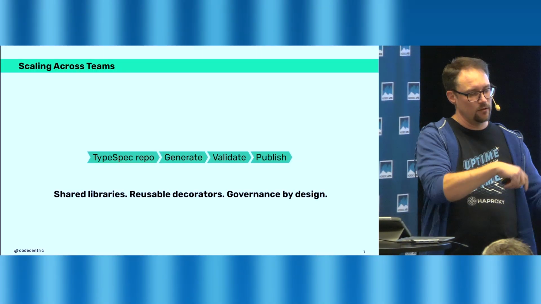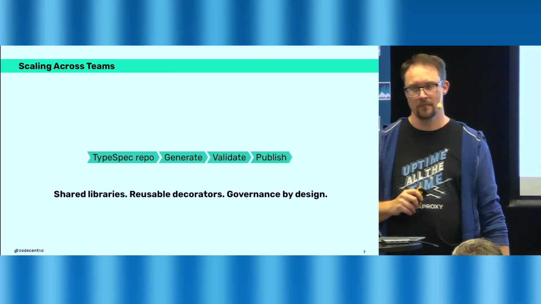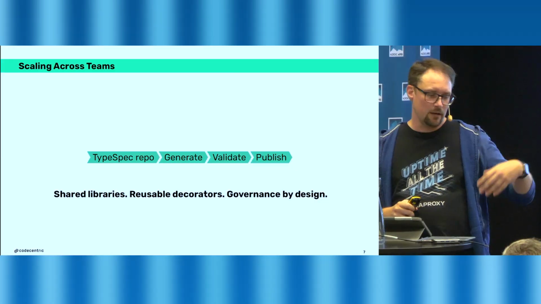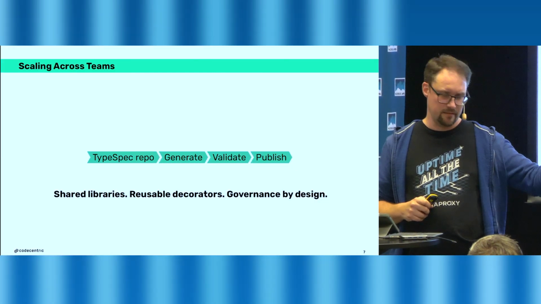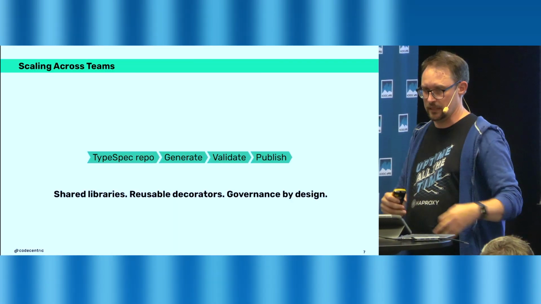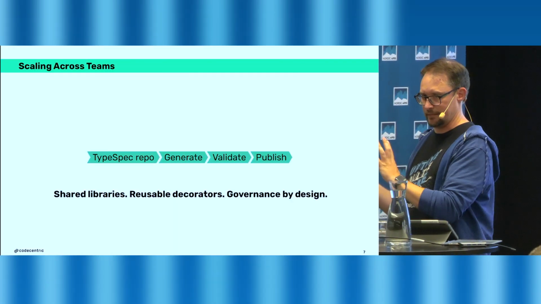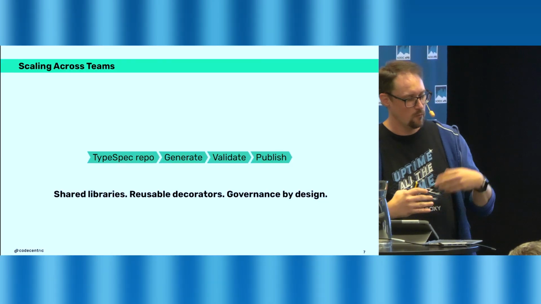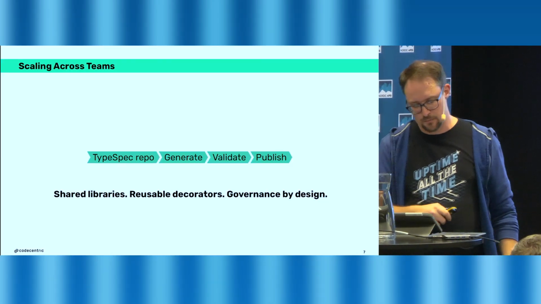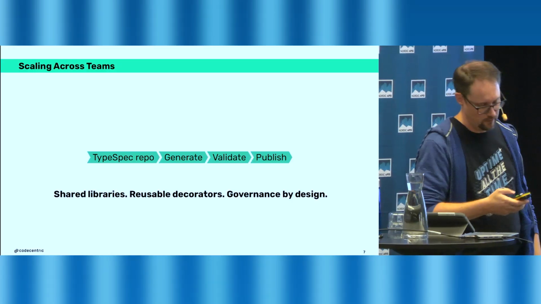This is the scaling part, so that others understand what is actually happening there. Because you don't have to think that everybody has to think in TypeSpec from the beginning. It can just be one team, and then you can really scale. Because when more people understand the idea behind TypeSpec, it's getting more and more easy there.